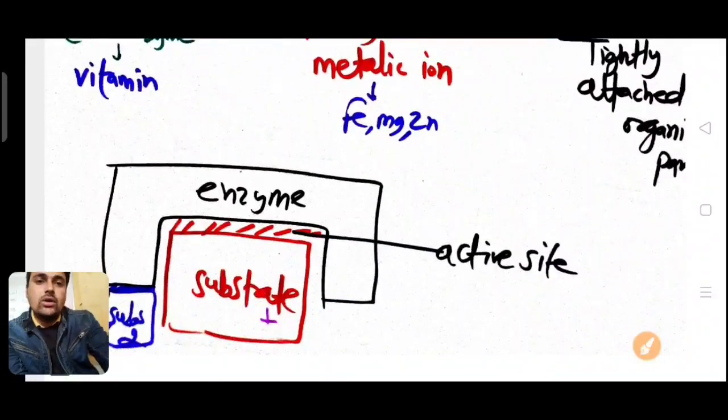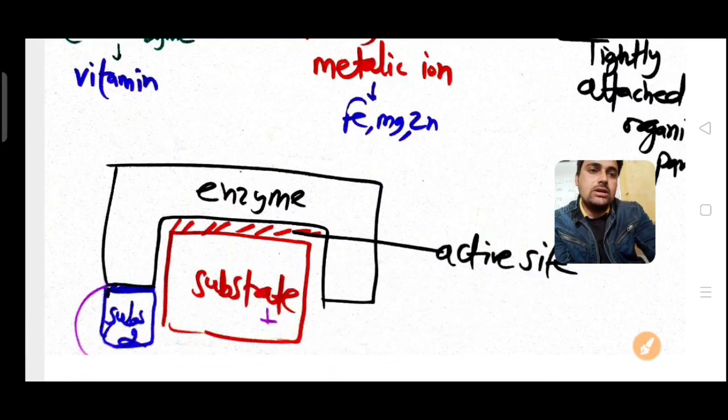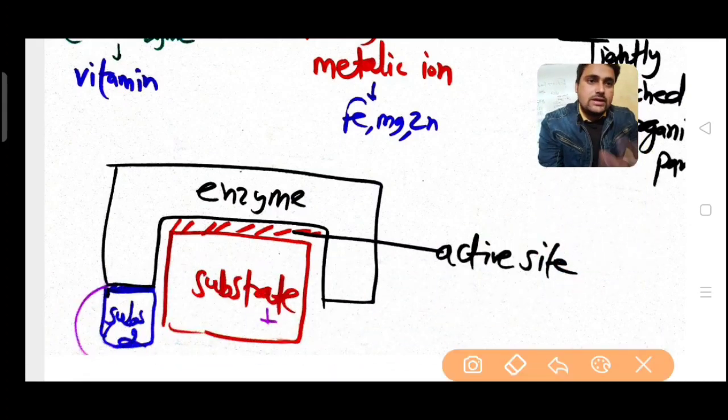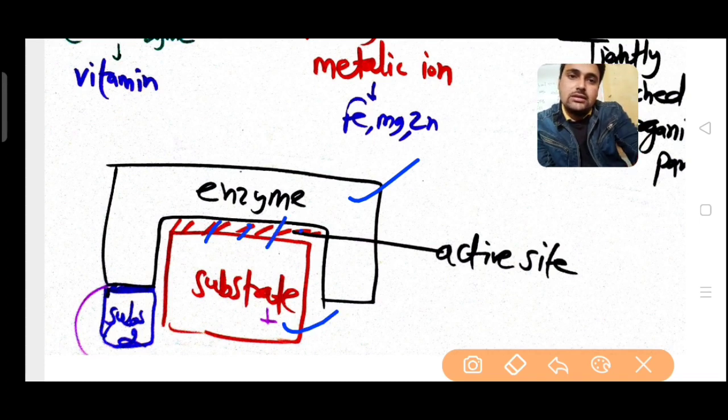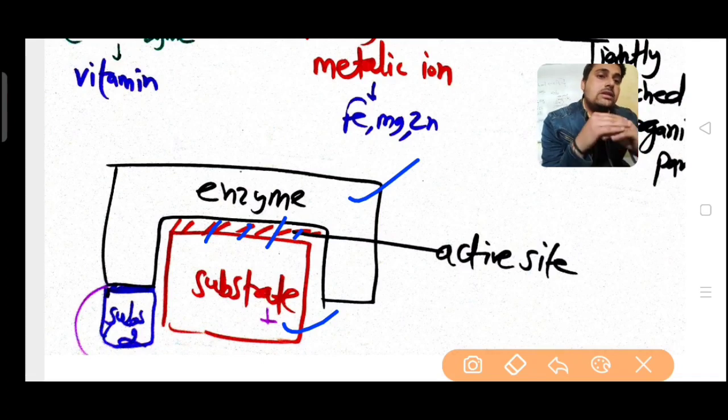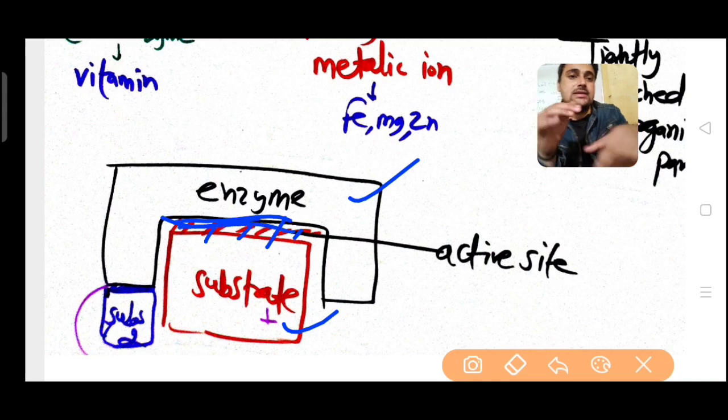Now we come to the most important category, the structure, or the active site. As you can see, this is the enzyme and this is your substrate. This is the active site found on the enzyme. The enzyme is made up of protein, and on the enzyme there is a place like this. This is a specific place that has a very specific amino acid sequence, and it will attach only its relevant substrate.